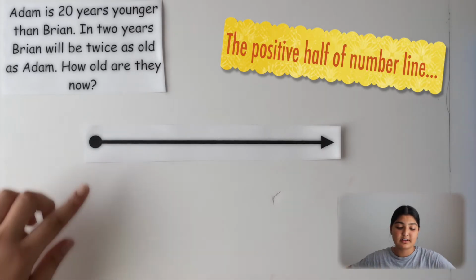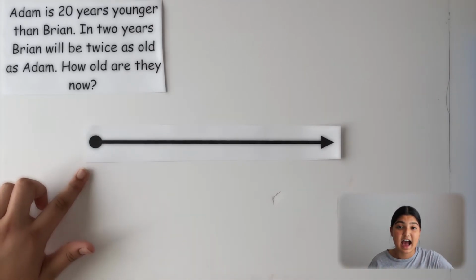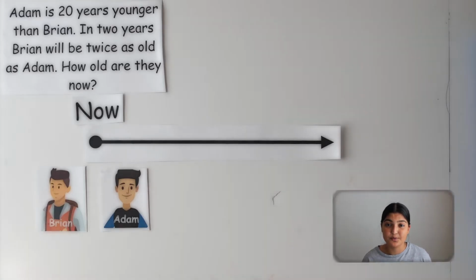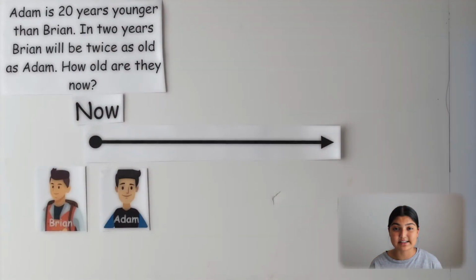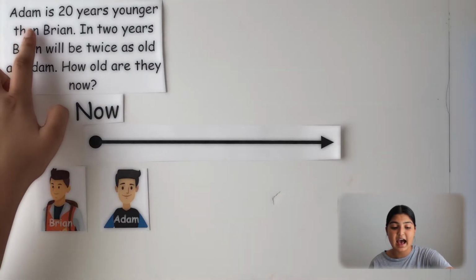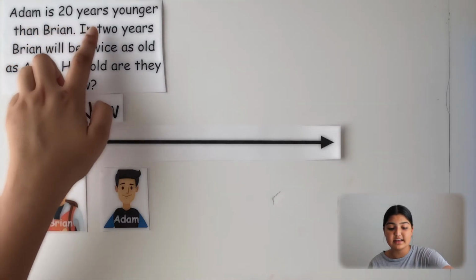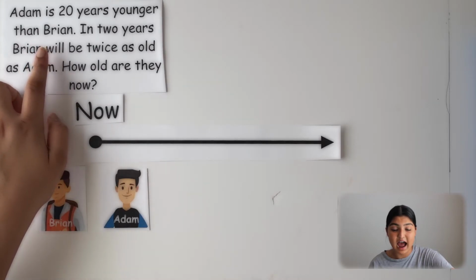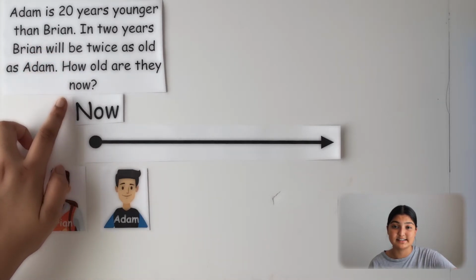Let's label this point as now. So, what are Brian and Adam's ages now? Well, the question tells us that Adam is 20 years younger than Brian, and we are asked their ages now.